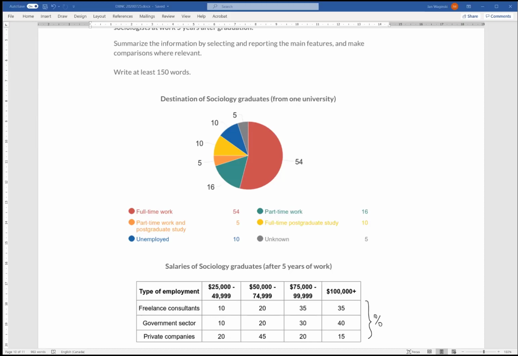We can start with this 5% and double for those, both 10%, and then triple for the green one. You could talk about the unemployed as well. Yeah, unemployed and full-time postgraduate study, they are both 10%, the same figure.